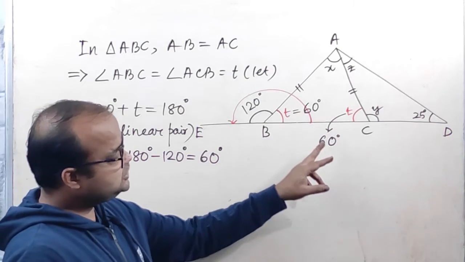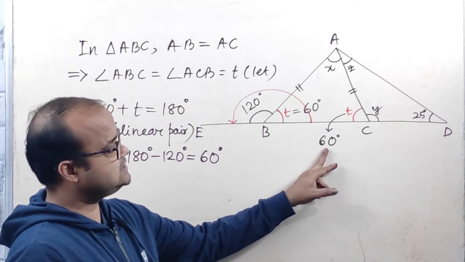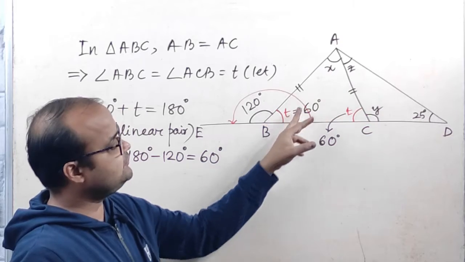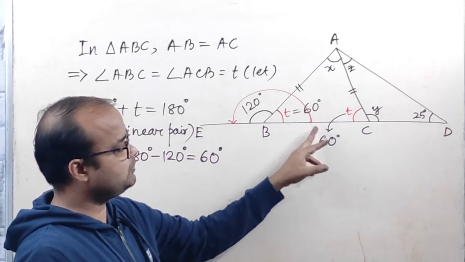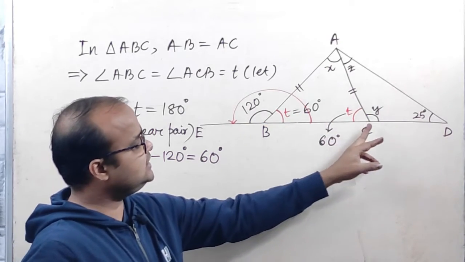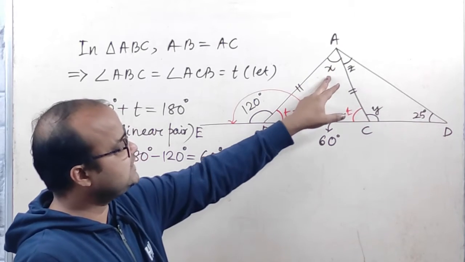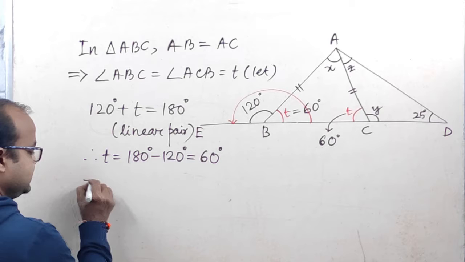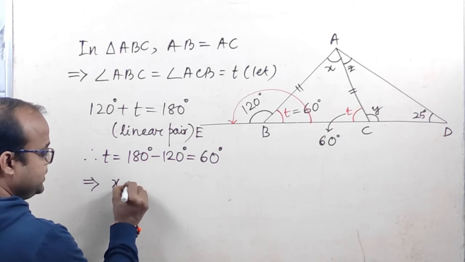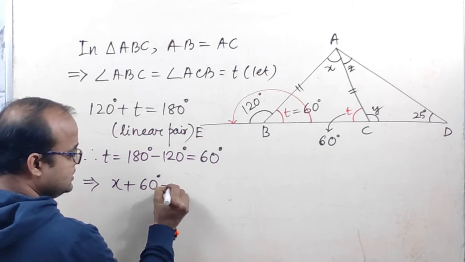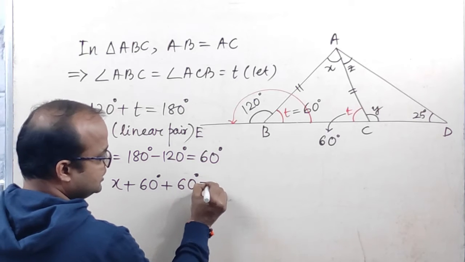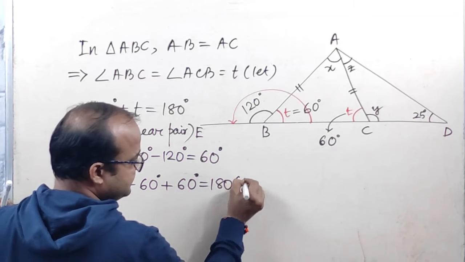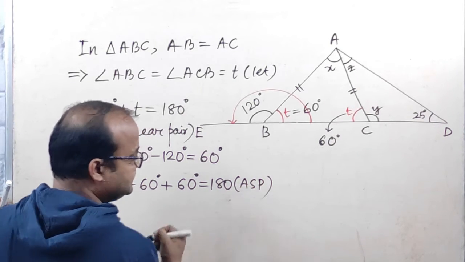Now if these two are 60 and 60, obviously if you use the angle sum property in triangle ABC, you will get the value of X. So we can say that X plus 60 plus 60 equals 180 degrees, angle sum property.